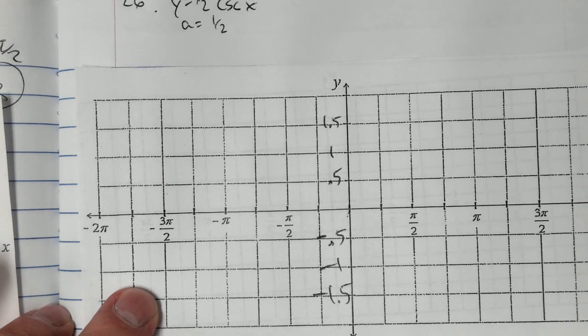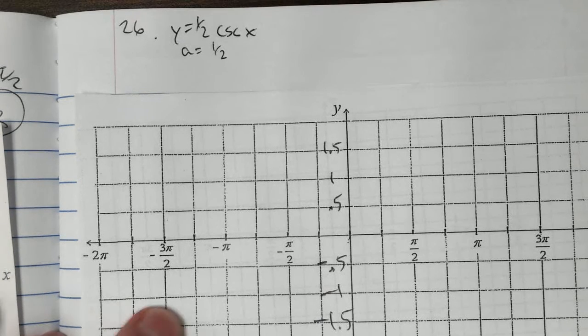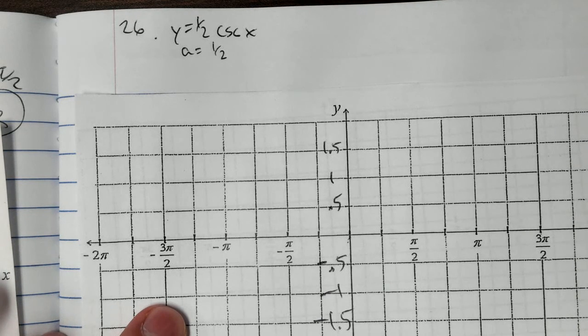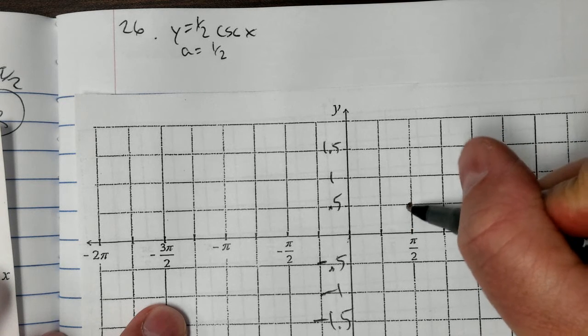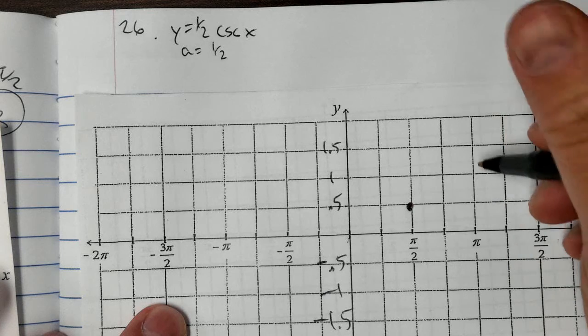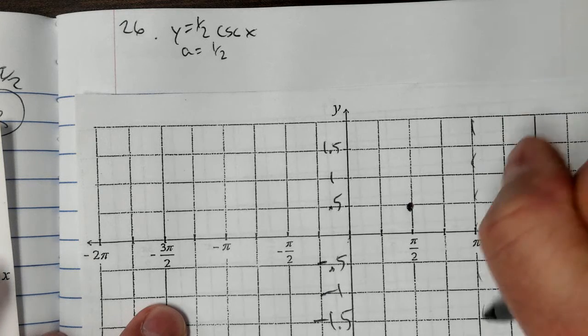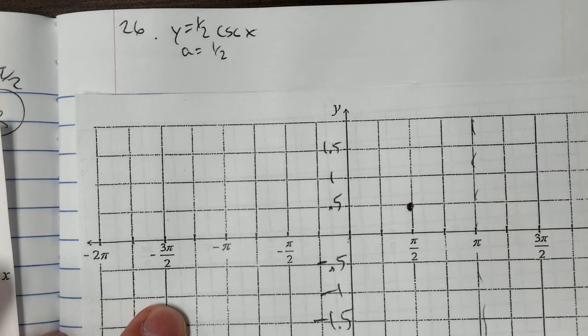Okay, so since this is the one that relates to sine, then it's going to be odd, and it goes across the origin. It reflects to the origin. So at the pi halves, you put your point here. Our asymptotes are going to be at negative pi and negative 2 pi.